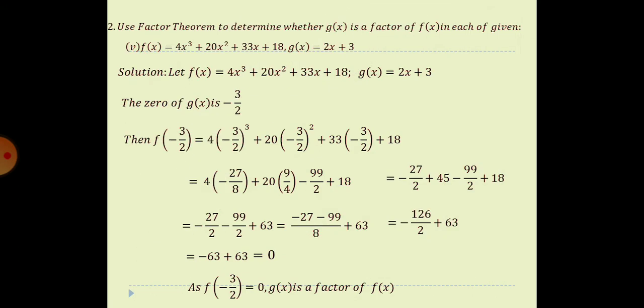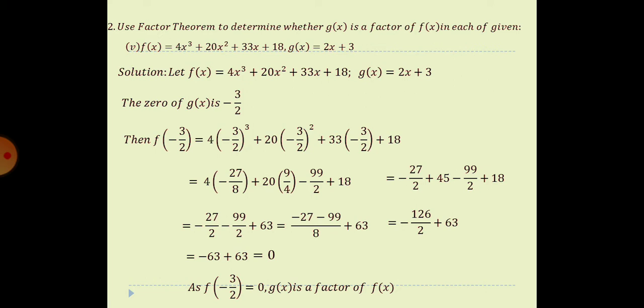Now similarly, in the second question I am doing one more problem. What is that problem? See whether again g(x) is a factor of f(x) or not. Here f(x) is 4x cube plus 20x square plus 33x plus 18 and g(x) is equal to 2x plus 3.